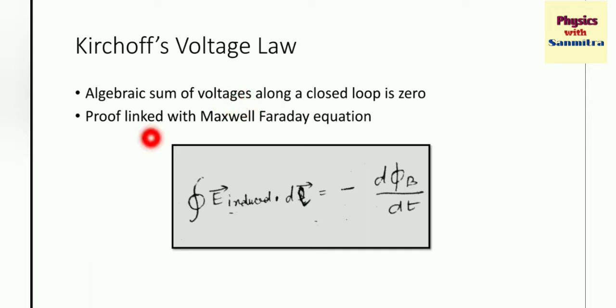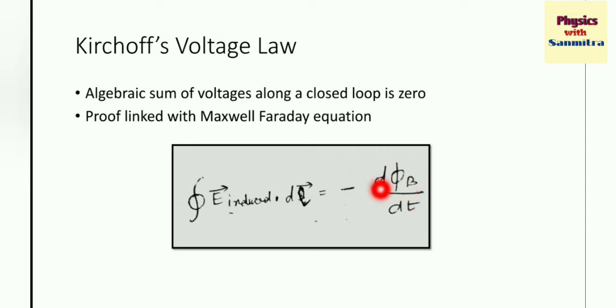The proof for Kirchhoff's voltage law is linked with the Maxwell-Faraday equation, that is, the closed loop integral of E induced dot dl, where dl is the differential length, is equal to minus d phi B by dt, where phi B is the magnetic flux.